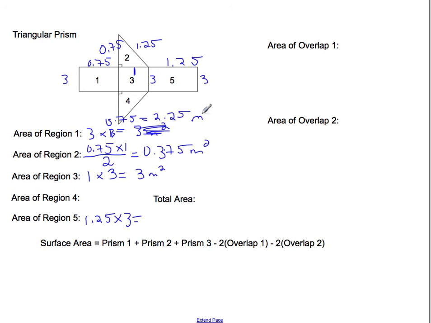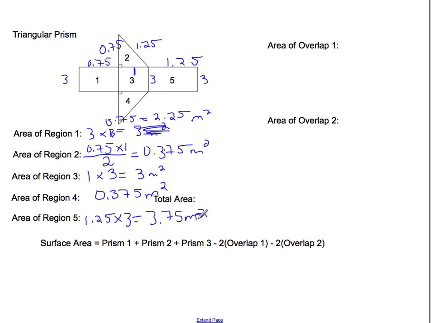And we know that region 2 and 4 are the same, so I'm going to put that one in. And 1.25 times 3 is 3.75. Now all we have to do is add up our regions.